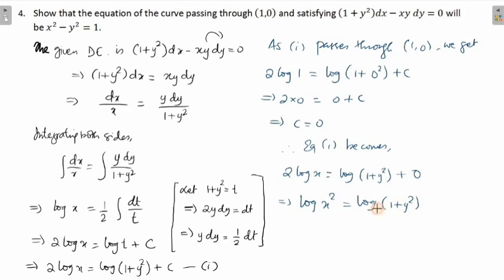Now remove log, you get x square is equal to 1 plus y square. Now bring this y square out here, you get x square minus y square is equal to 1. So this is the required equation of the curve, x square minus y square equals 1. Simple. So you may pause the video and note down your solution.